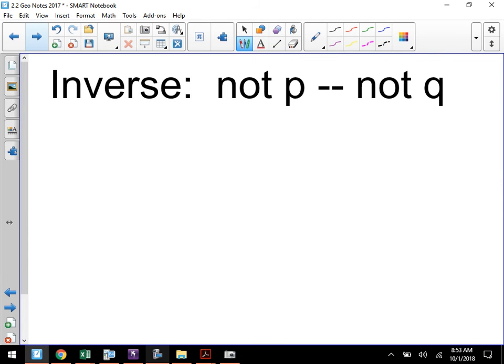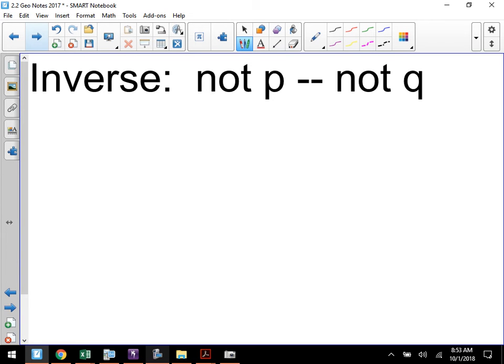The inverse. And what we do with an inverse is we negate. When you negate something, you put the word not or no in front of it. So the inverse, sometimes you see it written like this.